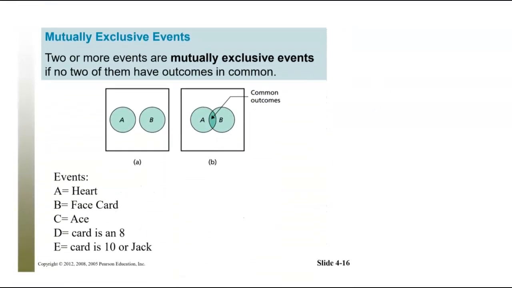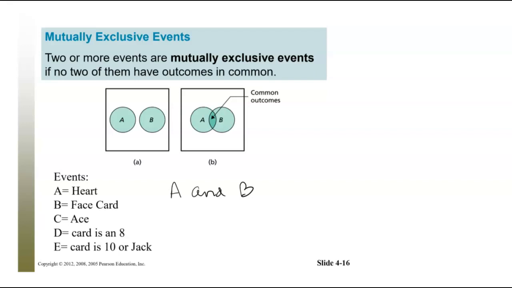So this leads us into what we call mutually exclusive events. Two events are mutually exclusive if no two of them have outcomes in common. Okay, so let's say event A is that the card in your hand is a heart, and event B is that the card in your hand is also a face card.